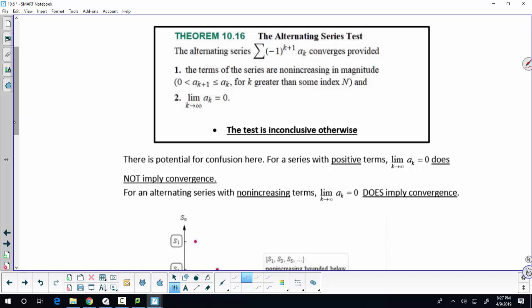That means the next term is less than or equal to the previous term, for some k. So eventually it has to be a non-increasing series. Remember, that's virtually what that means, it's pretty much decreasing. I mean, it can be constant all the way through, but that's really atypical.